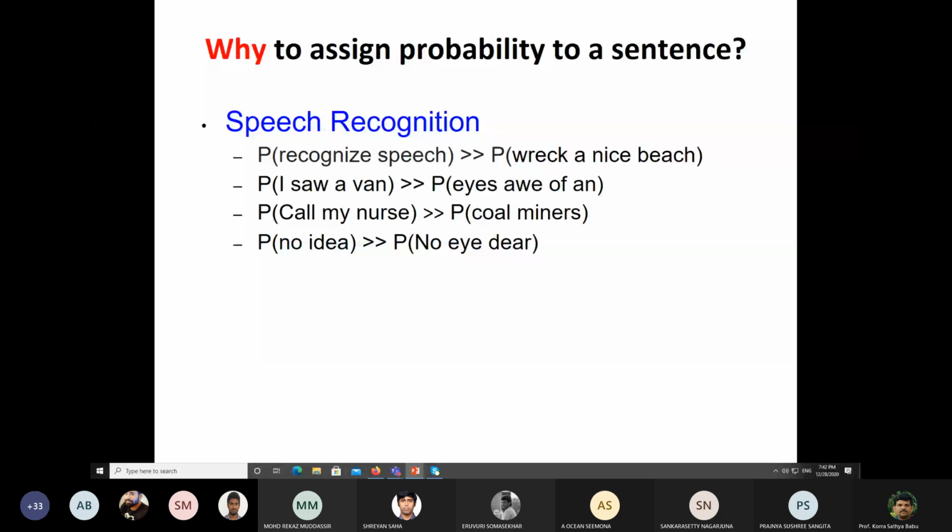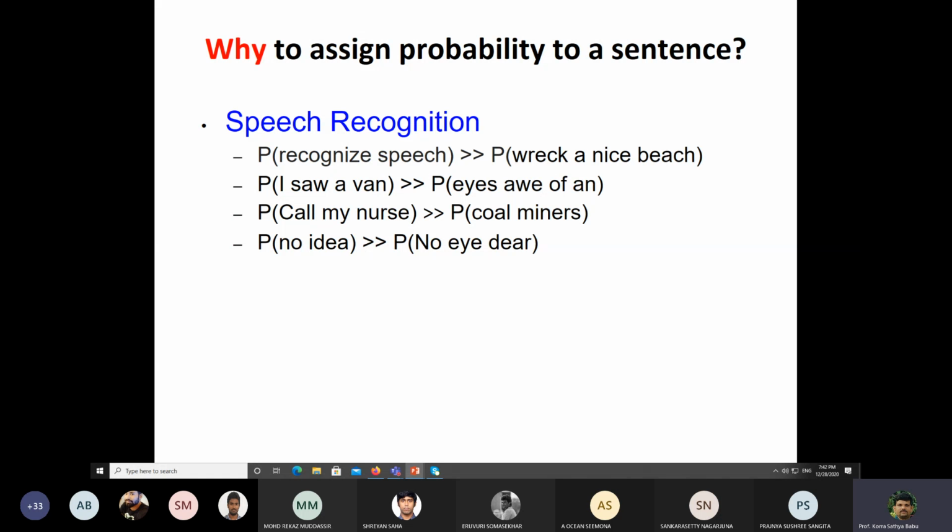Now the next sentence you see here, "call my nurse", gives us a similar combination of homonyms.